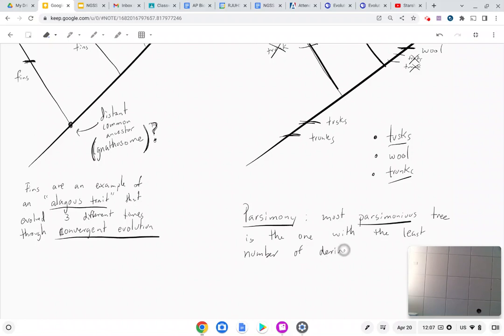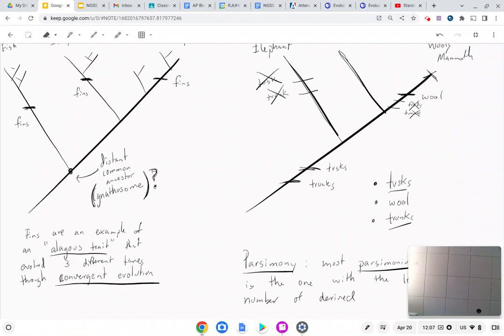So what you try to do is build this tree to have the least number of innovations, because divergent evolution is much more likely than convergent evolution. In other words, it's much more likely to have an organism get modified and become something new than it would be to evolve all those traits independently from each other. But it does happen. Convergent evolution happens. We see it all over the place.